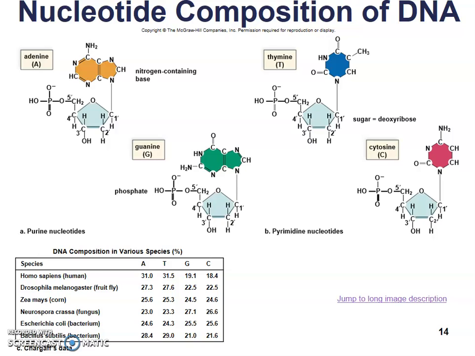But you'll notice that corn only has about 25-26% adenine. So roughly the same percentage of each of those nitrogen bases in all humans, and roughly the same amount in corn, but whenever we compare species, it's a little bit different.